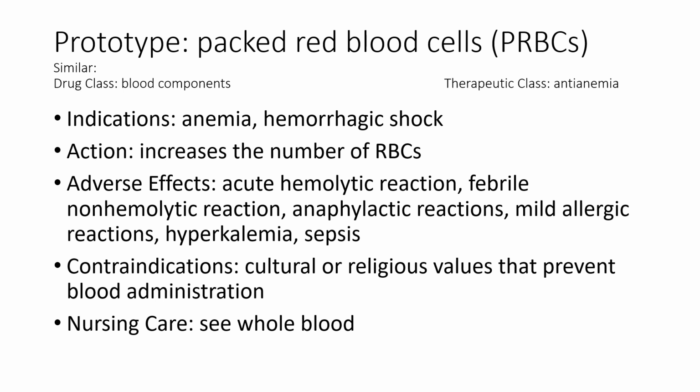All 3 of those components. So someone who's having a massive hemorrhage will need fresh frozen plasma, platelets, and packed red blood cells. Someone who's receiving red blood cells just because they're anemic and they're below 7 will just receive the packed red blood cells.